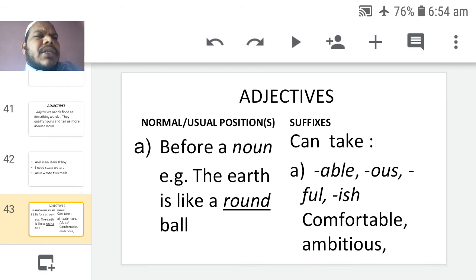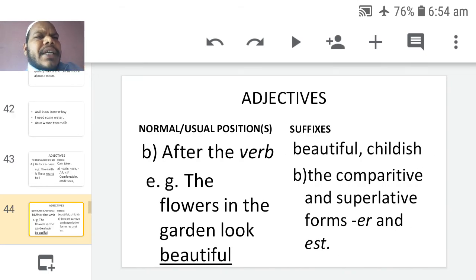Let's see some positions and suffixes which adjectives take. Adjectives take the position after the verb. In the first rule we have seen that it comes before the noun for describing the noun, and here it comes after the verb. By seeing that, we can conclude it's an adjective.